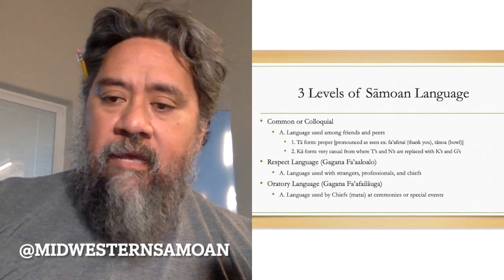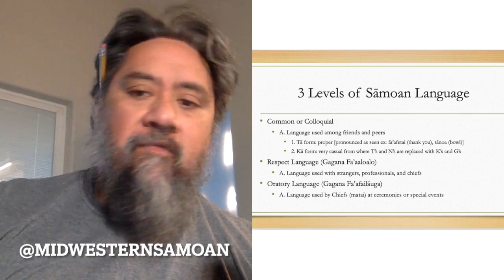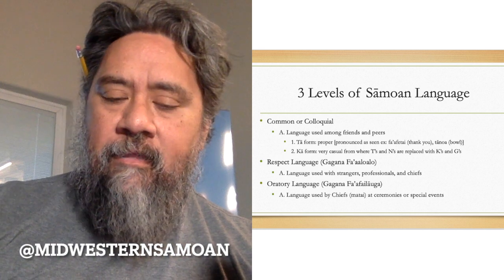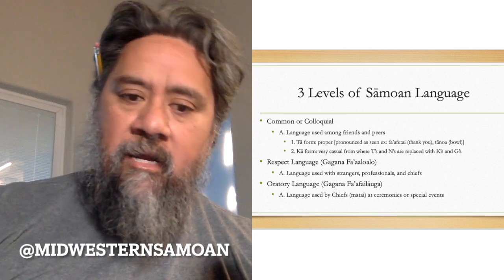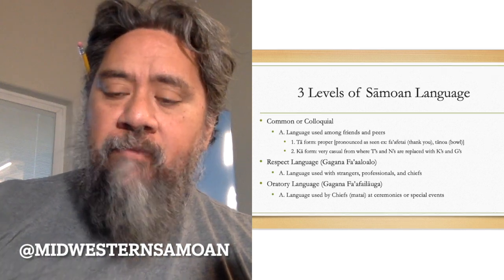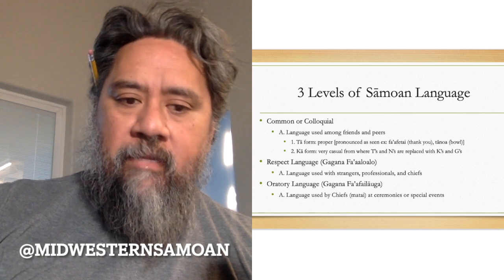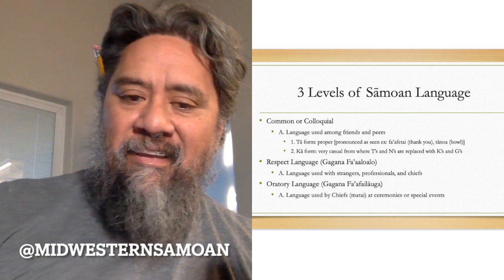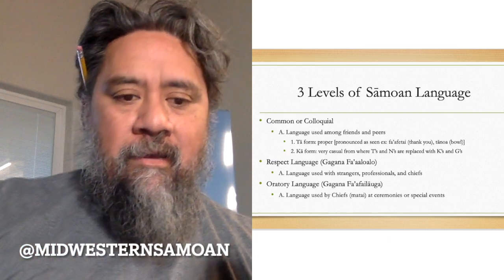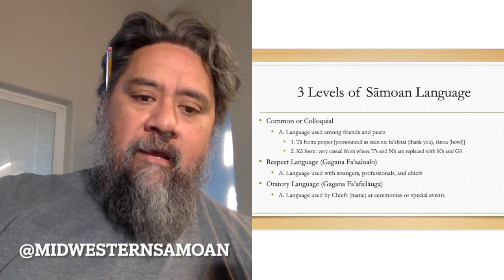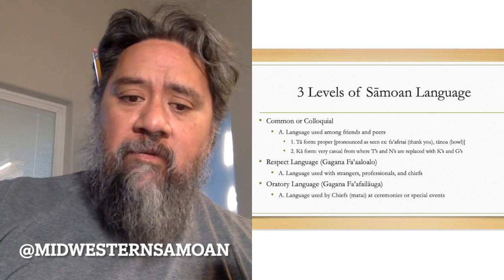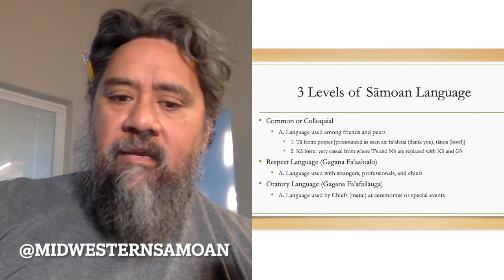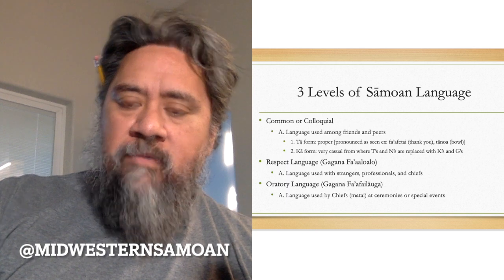We'll use that at weddings, funerals, things like that. That's the ngana fai launga, which literally means language and do speech. So you make a speech language, or oratory language, and that's the language used by the chiefs, the matai, at ceremonies or special events.